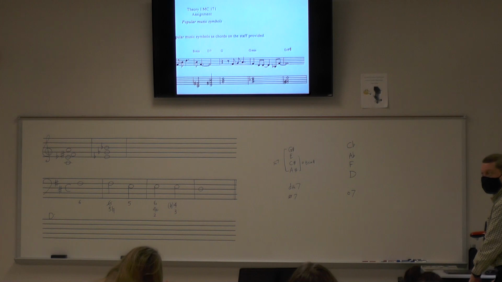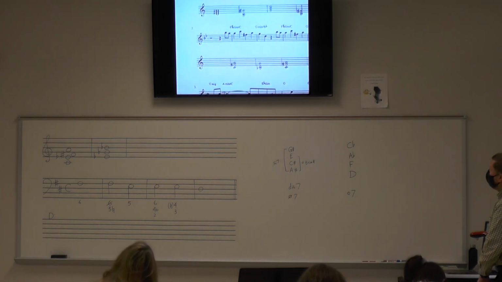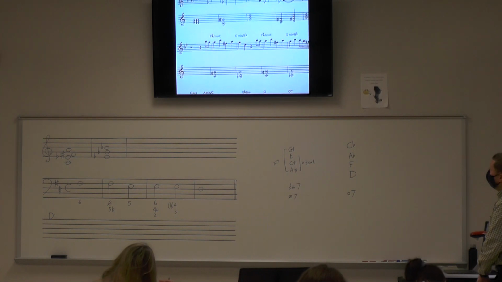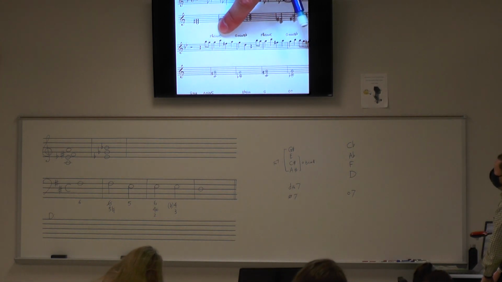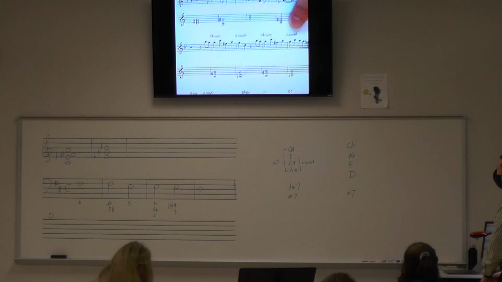Into the second system. Again, we have no key signature, so I have to put in any accidental necessary to spell the chord correctly. In this system, it looks like we alternate back and forth between F sharp diminished and G minor. See how it goes back and forth a few times.